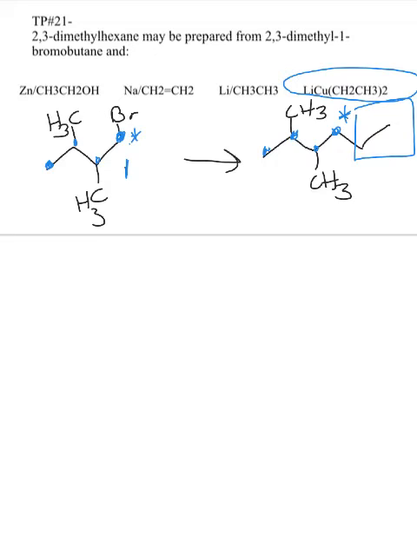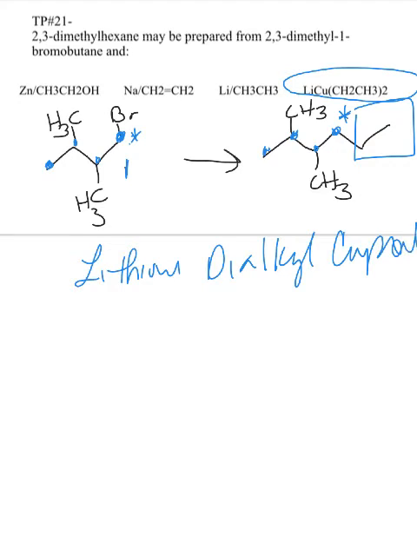Yes, it is called the Gilman reagent. And Grignards are really bad about reacting with alkyl halides. But this lithium dialkyl cuprate is very good. And so you can make carbon-carbon bonds with it.